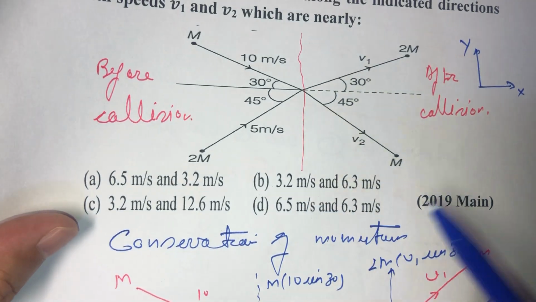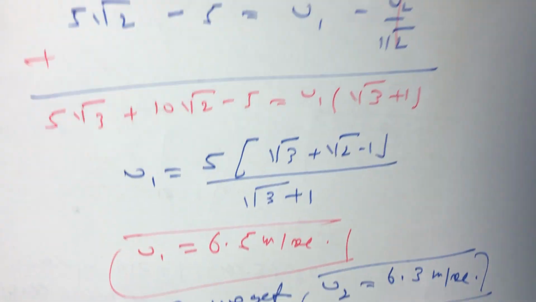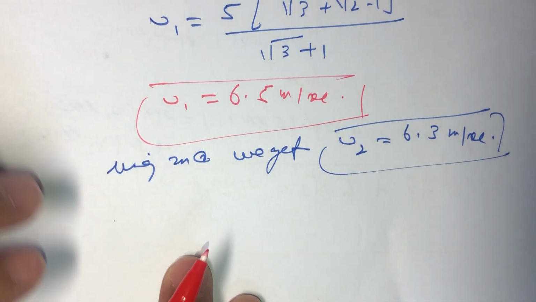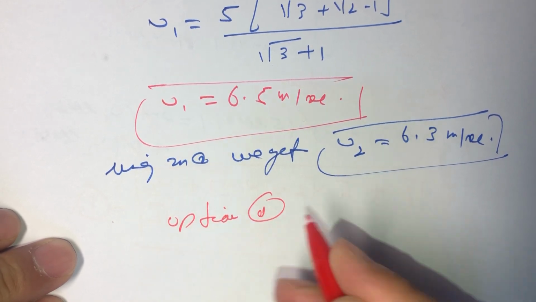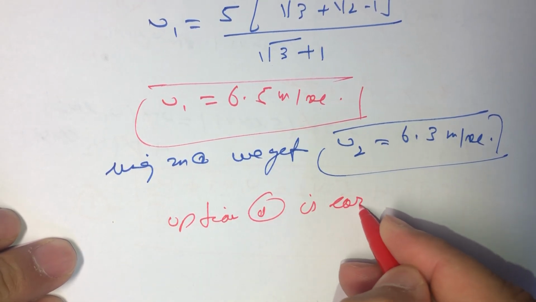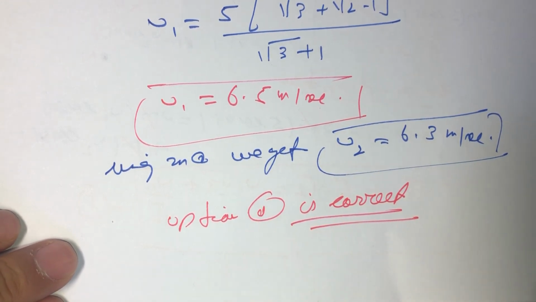We have the answer as 6.5 and 6.3, so option D is the correct option. This completes the question. Thank you.